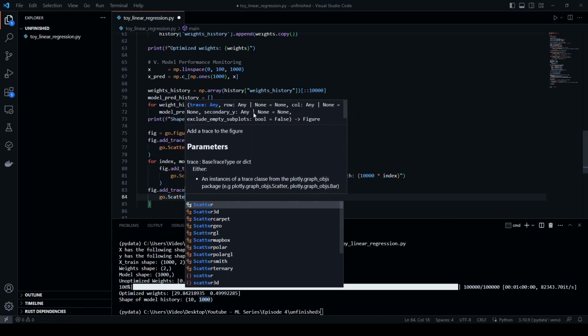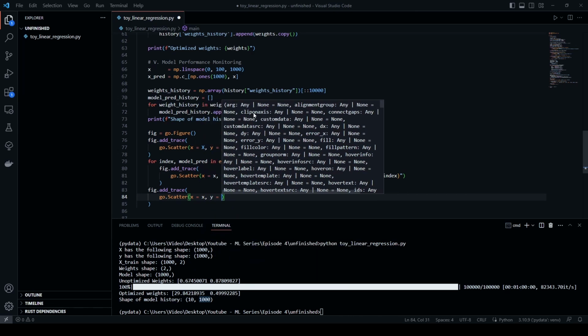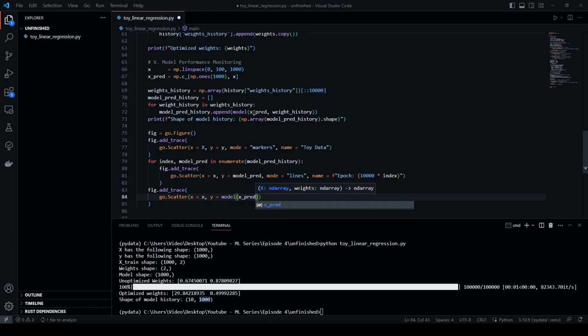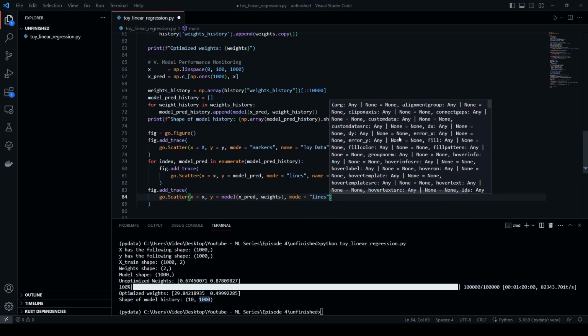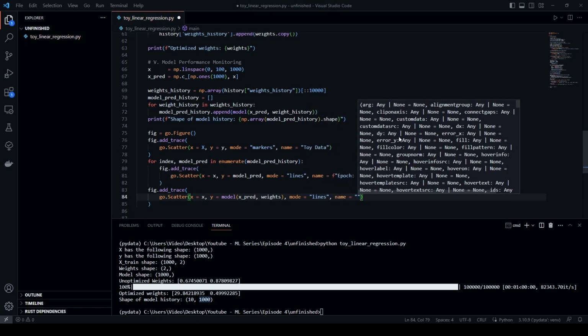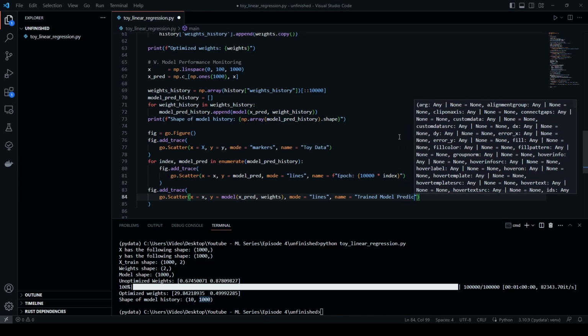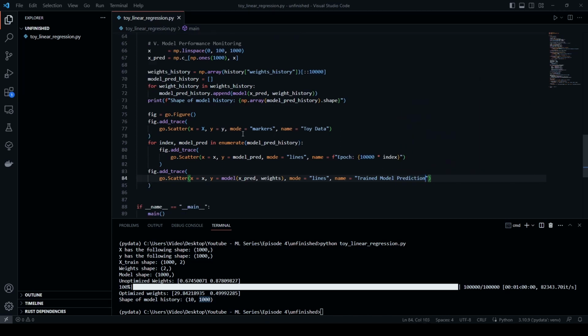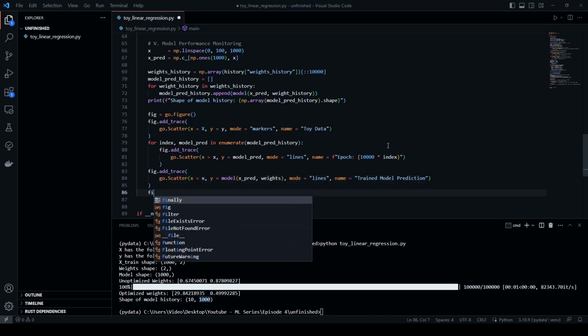And then we can add a last trace, go.Scatter, x, y, take the model with xpred and the weights. This time we take the optimized weights. We again want a line plot, and the name should be the trained model prediction. In that way we get the untrained model predictions, the model predictions every 10,000th step, and the trained model prediction.